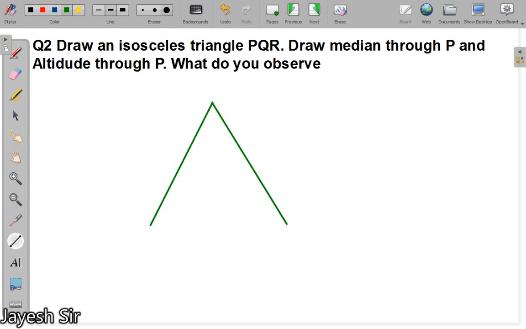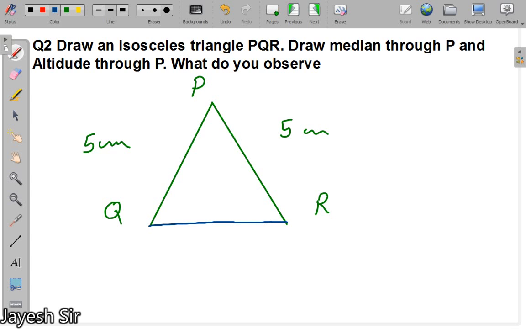We will use this scale and we will draw two sides of 5 centimeter each. And we will name them PQ and PR. And finally we will join QR. Okay. So in this manner we have an isosceles triangle. We are not worried about the third side, whatever its length may be.